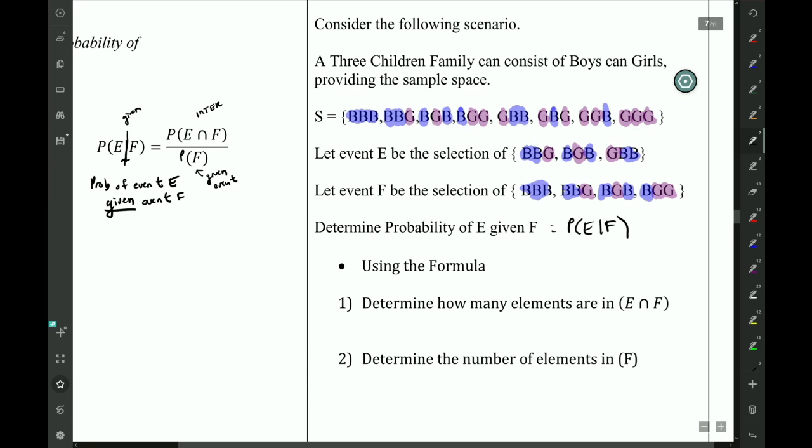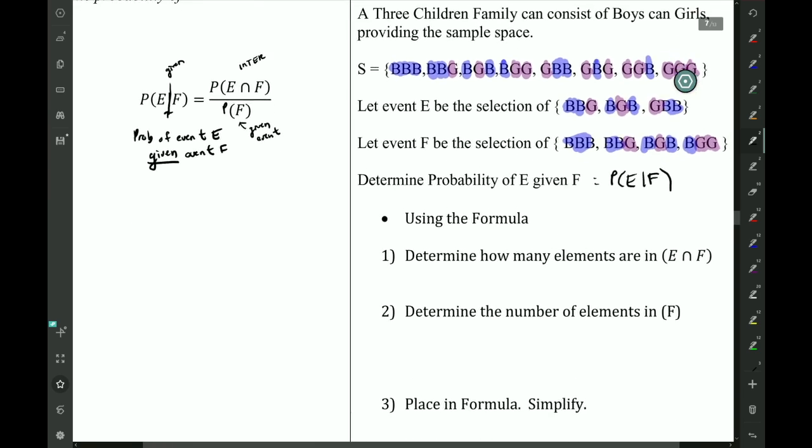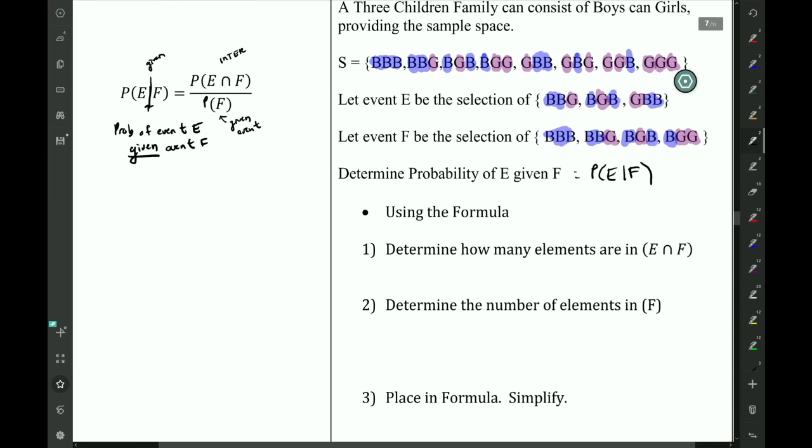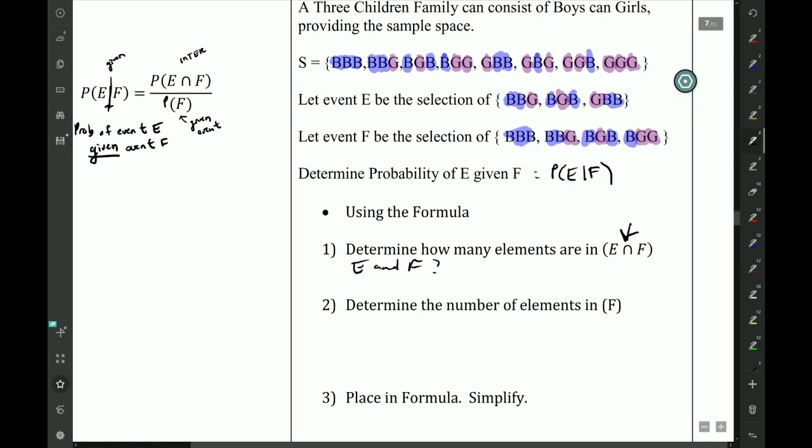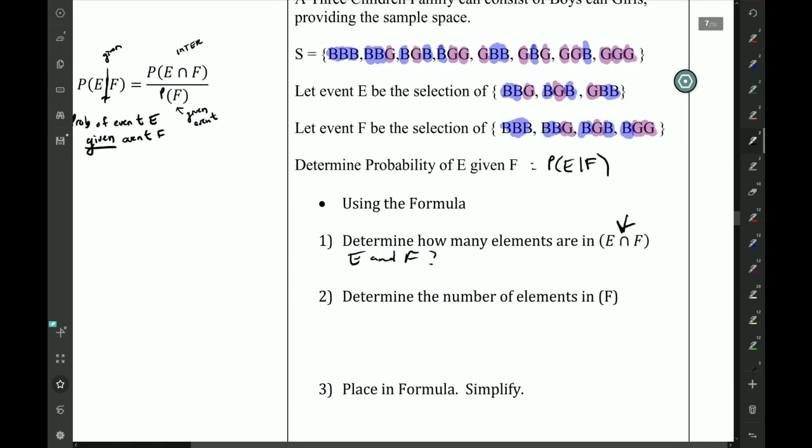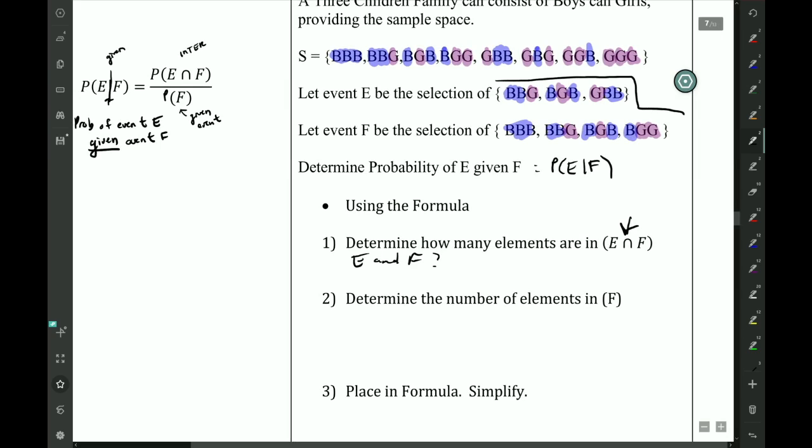Okay, so basically using the formula, determine how many elements are shared. So how many things are in E and F? Okay, well let's look at the two of them. How many of the events between these two pieces are shared? Well, I see boy, boy, girl is shared, so there's 1. I see boy, girl, boy is shared, there's 2, and that's it.